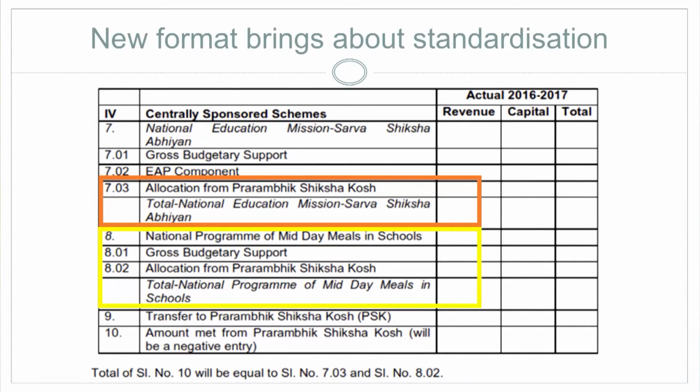Allocations from specific funds or from external sources called EAP will all be mentioned as subcomponents of a particular scheme. So, when you see a number which says total Sarva Shiksha Abhiyan, the chances are good that it will indeed be a total. Other changes to remember include the merging of the railway budget with the union budget.